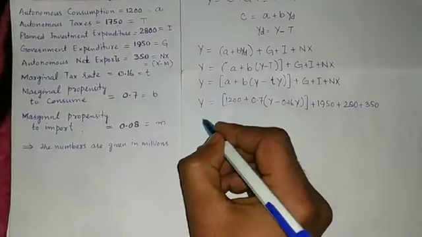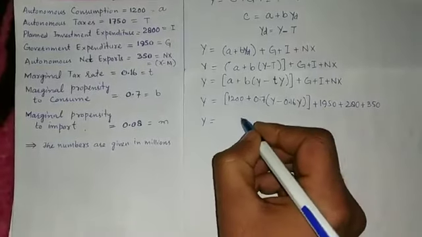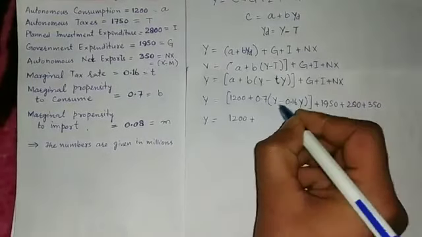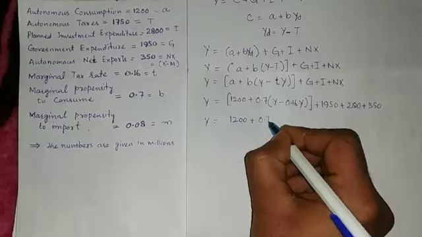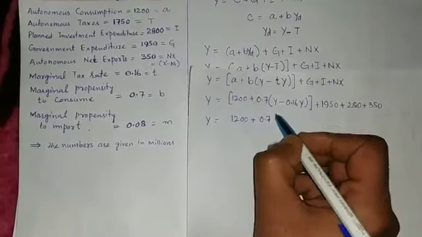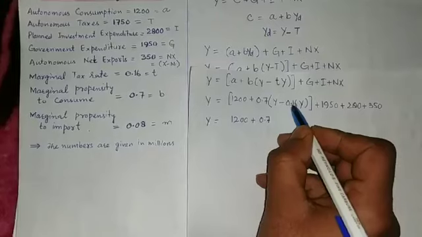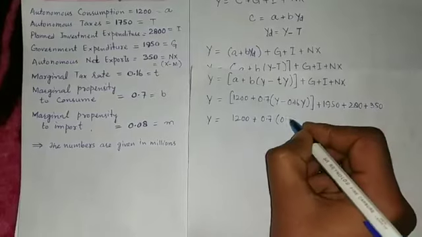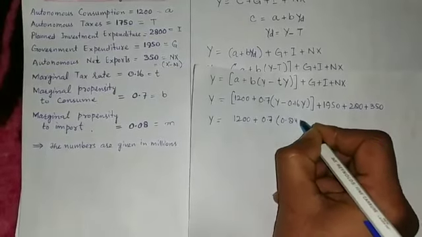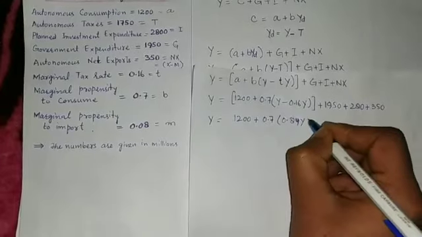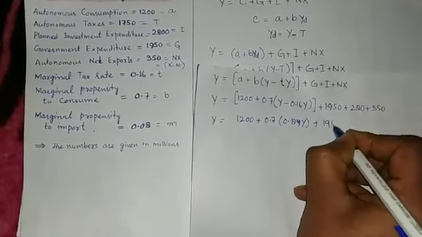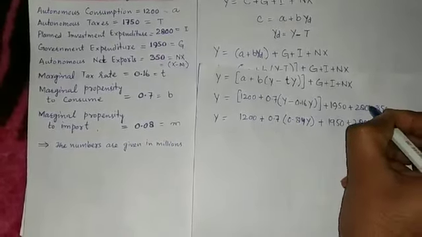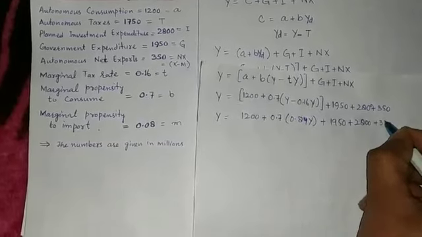Now Y equals 1200 plus 0.7, which will remain as it is. Now this 1Y minus 0.16Y will be equal to 0.84Y, plus 1950 plus 2800 plus 350.